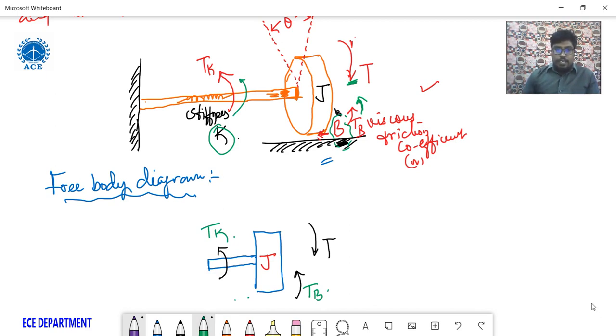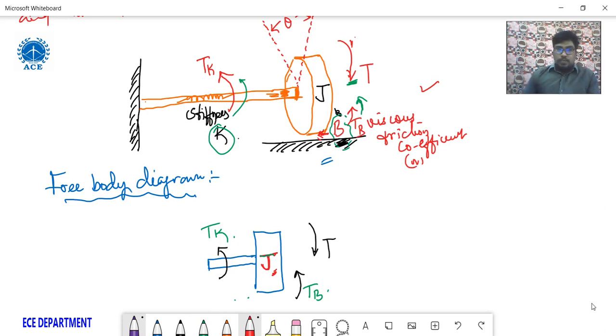Now see here, whenever that particular torque is applied, an opposing torque is also present, that is inertia torque.